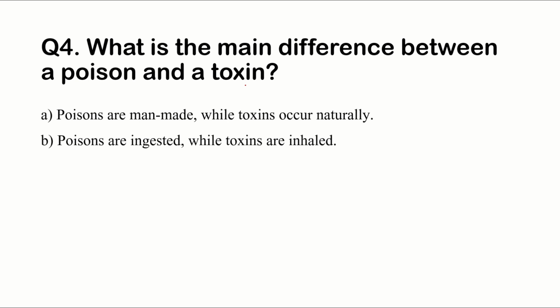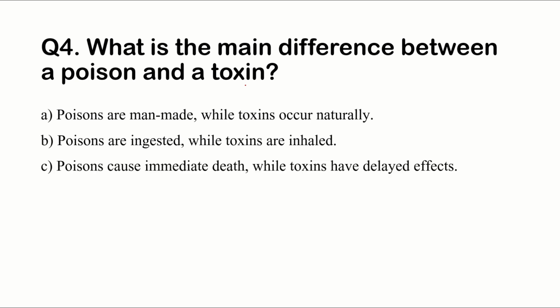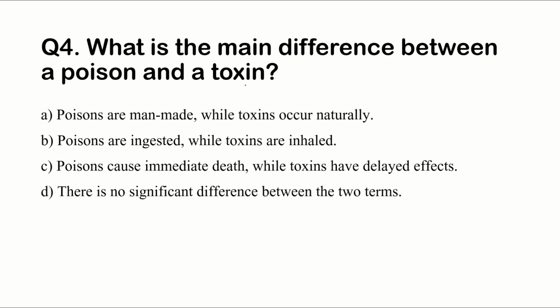Option B, poisons are ingested while toxins are inhaled. Option C, poisons cause immediate death, while toxins have delayed effects. And option D is there is no significant difference between the two terms. But the answer is option A. Poisons are man-made while toxins occur naturally. Okay, so the right answer is option number A.